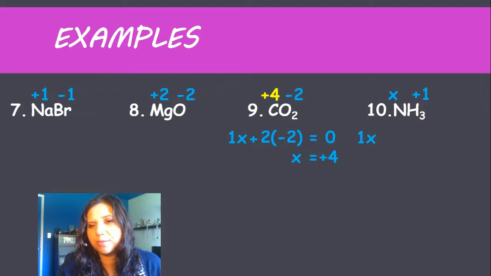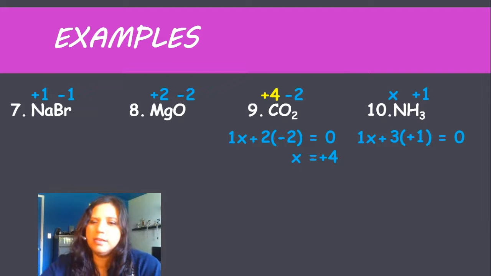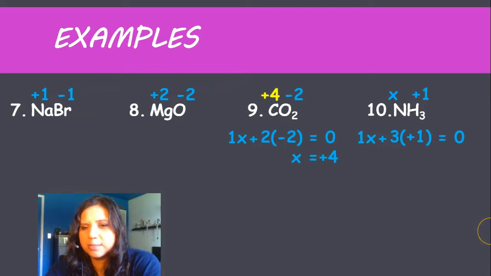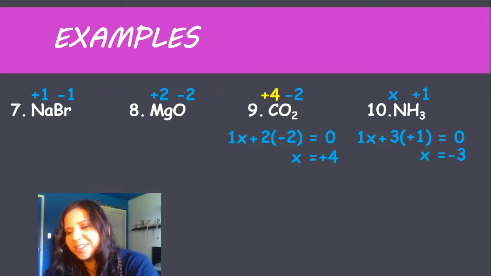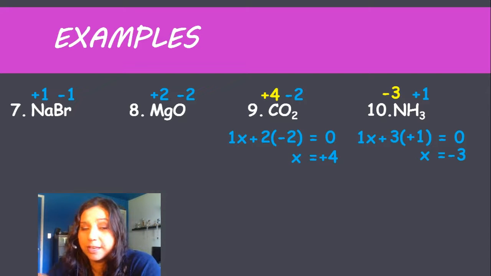So we have 1 nitrogen, so 1 times X, plus 3 hydrogens. There's 3 hydrogens in the formula, subscript of 3 times the oxidation number for each hydrogen, which is a +1, and that has to add up to 0 because it does not have a charge. All right, so I do my math. That's x plus 3 is equal to 0. Move over the 3 by subtracting from both sides, and x is -3, which makes nitrogen a -3.